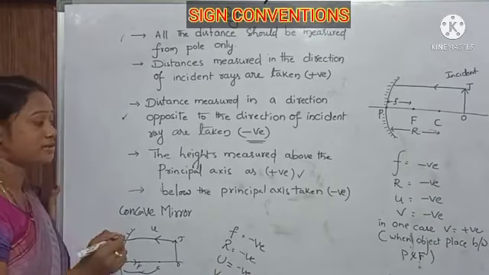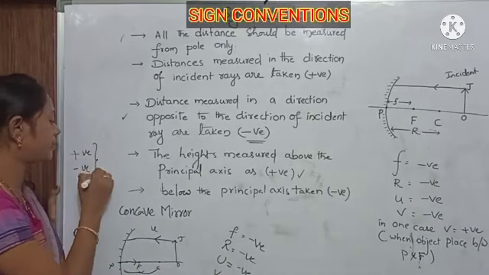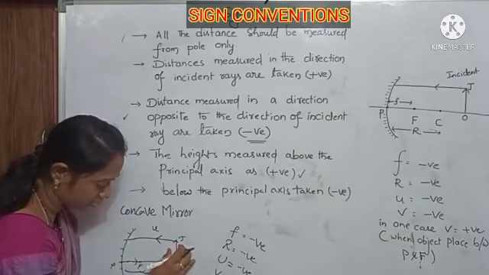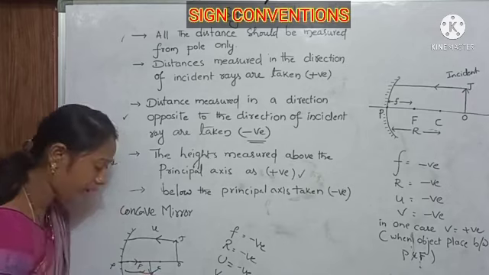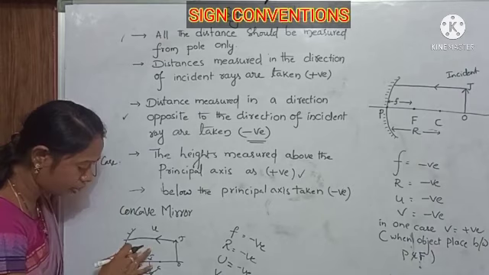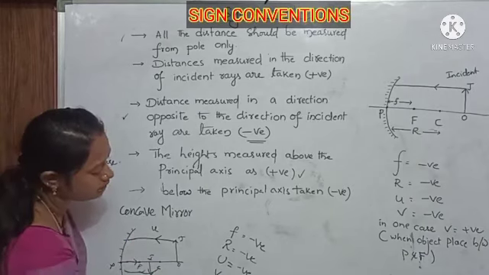Next, image distance. In image distance there will be positive and negative depending on the case. Here if I place the object here, the image will form here. How am I taking the image distance, from P to I? It is opposite to the incident ray, so it is negative.